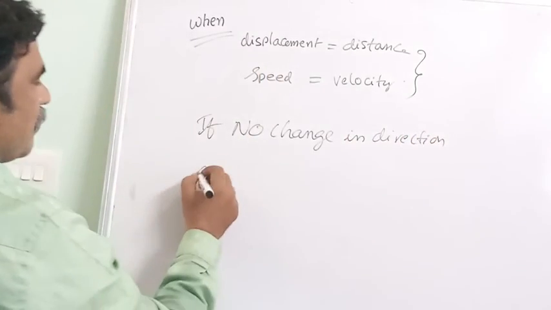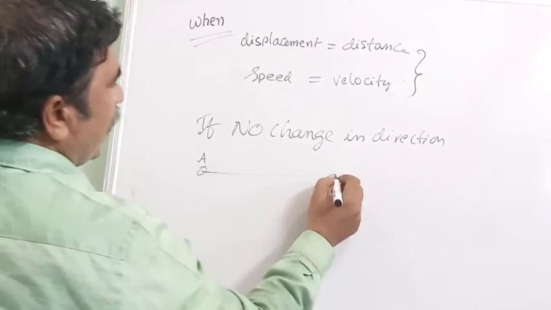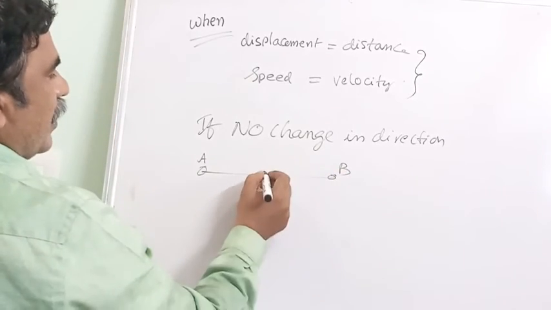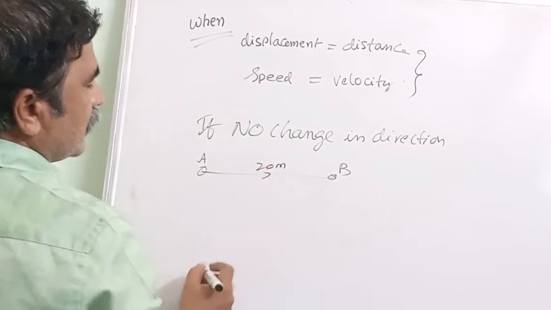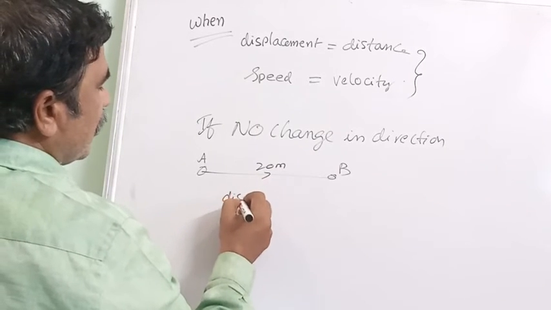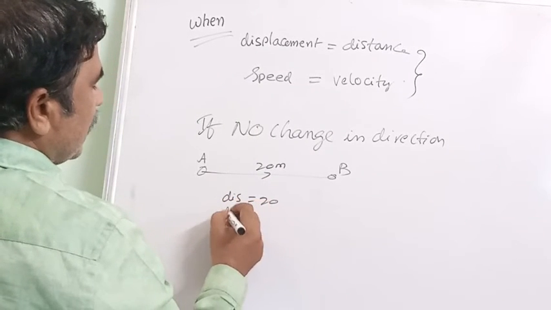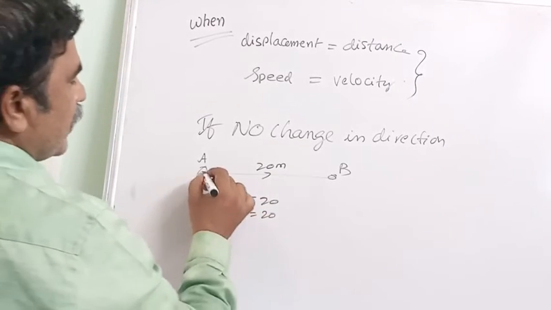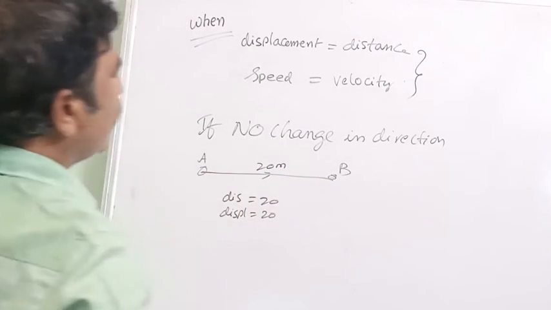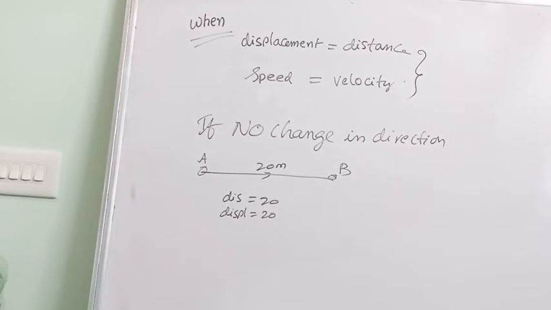Suppose a body started from A and reached B without any change in direction. Suppose this is 20 meters. Then distance is 20, displacement also 20. When there is no change in direction, speed is equal to velocity also.